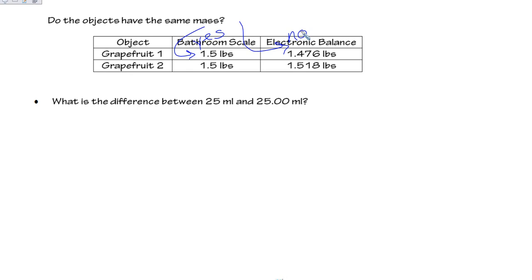Another thing that will cause concern, something like this next question: what is the difference between 25 milliliters and 25.00? This is something that they will pick on you for on the AP test. They will take off a half a point if you don't deal with this 0.00 properly. A lot of times you'll get this data and you have to do some calculations or something like that. And let's say in the problem it was listed as 25.00 milliliters.